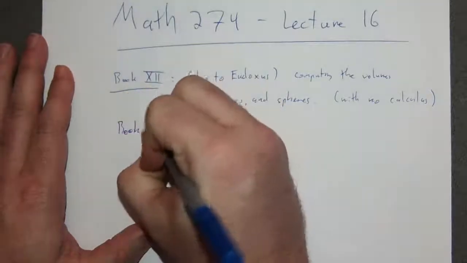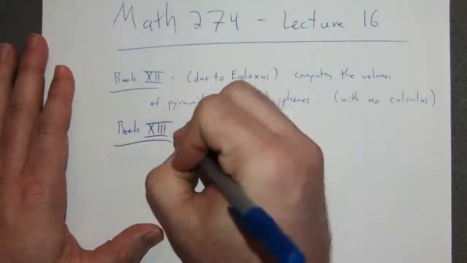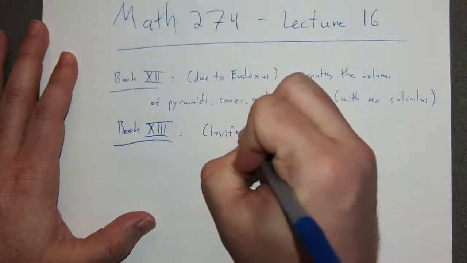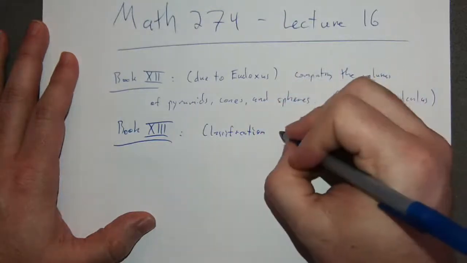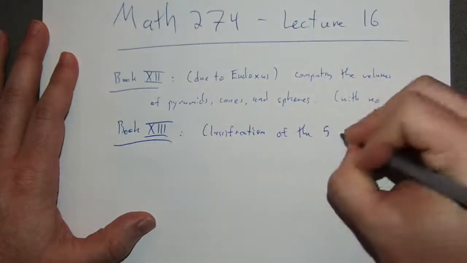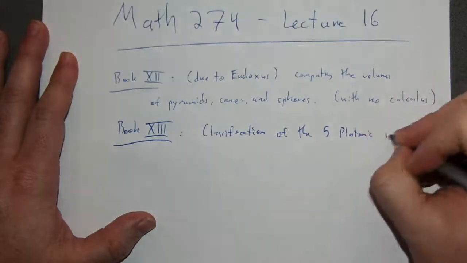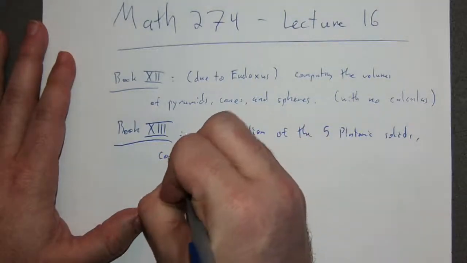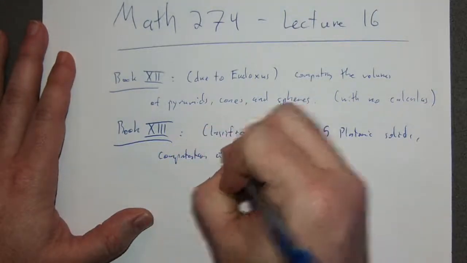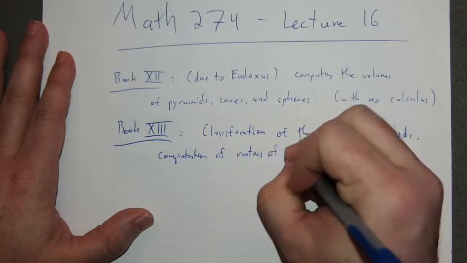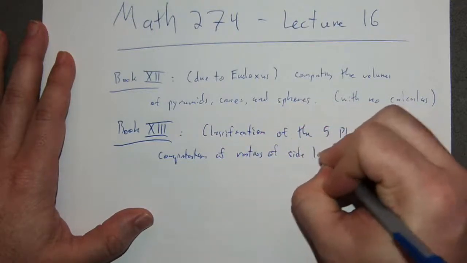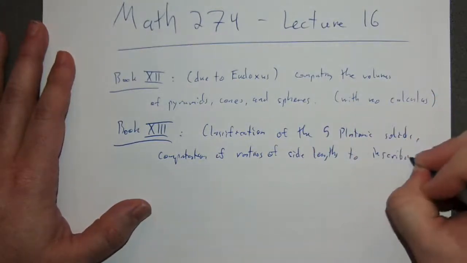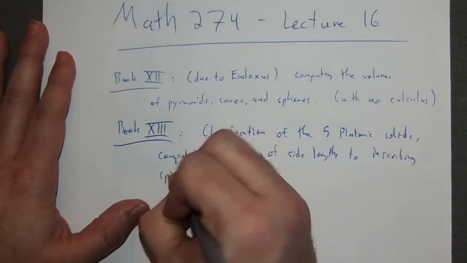Book 13 is the culmination of all of this, where Euclid gives the classification of the 5 Platonic or Pythagorean solids. What this means is computation of ratios of side lengths to inscribing sphere radii.